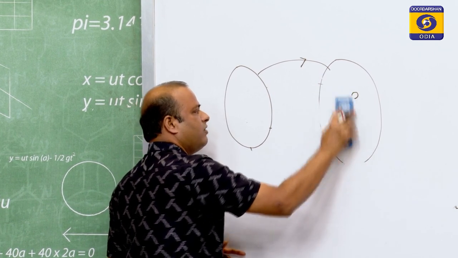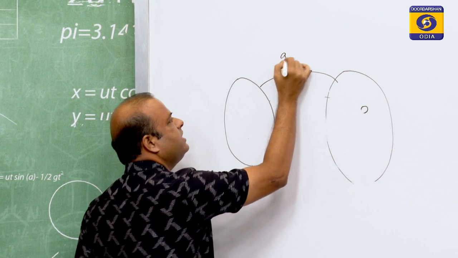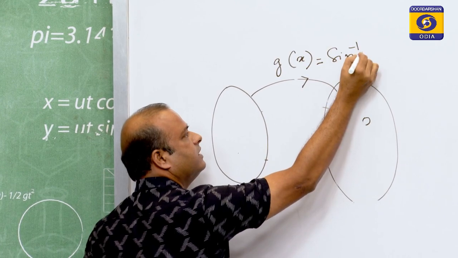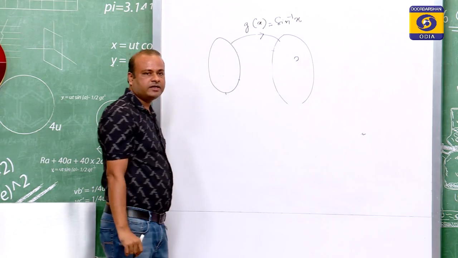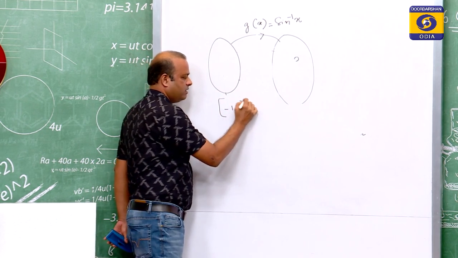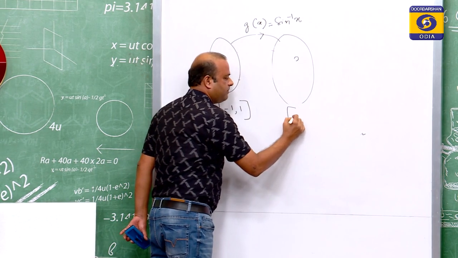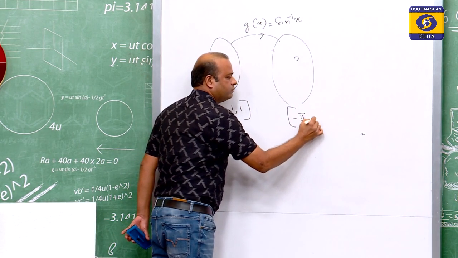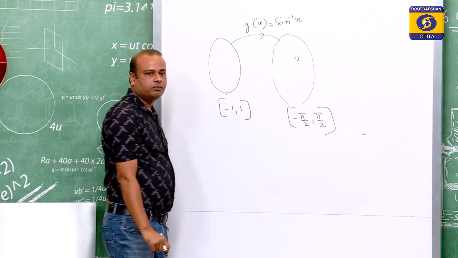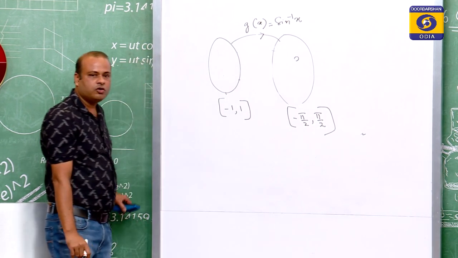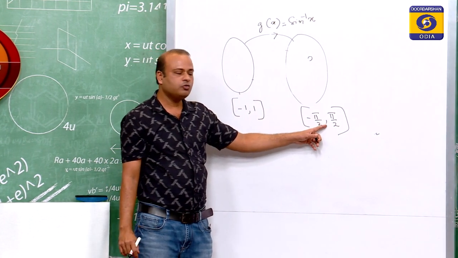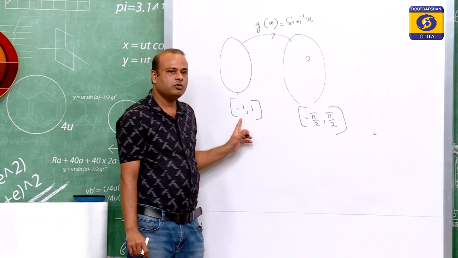We take another function, suppose g of x is sin inverse x. So, naturally its domain is from minus 1 to 1 and its range is from minus pi by 2 to pi by 2, because sin x is 1 1 as well as onto from the closed interval of minus pi by 2 to pi by 2 to minus 1 to 1.